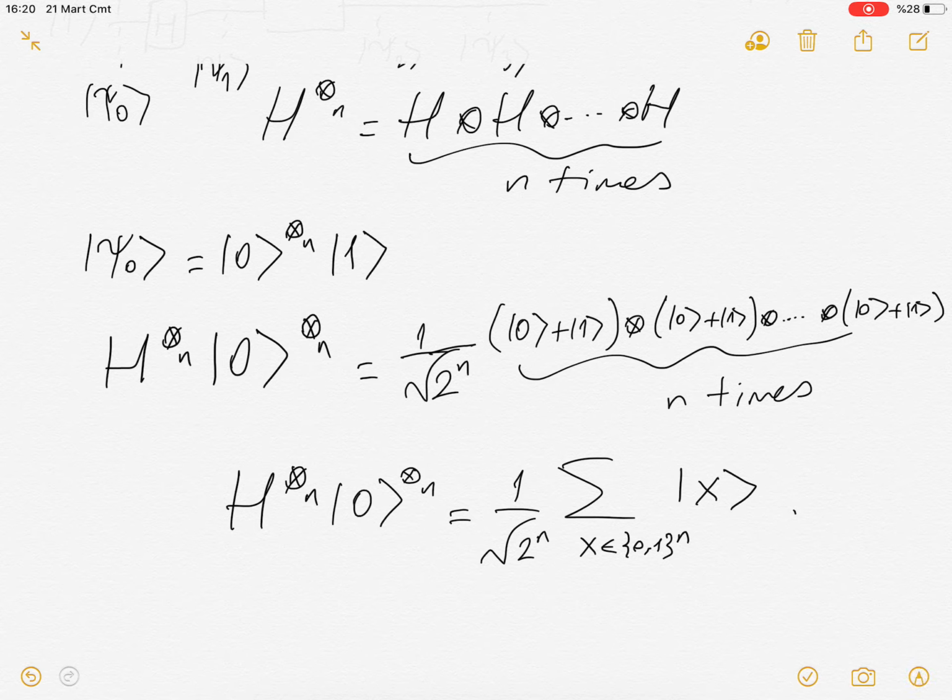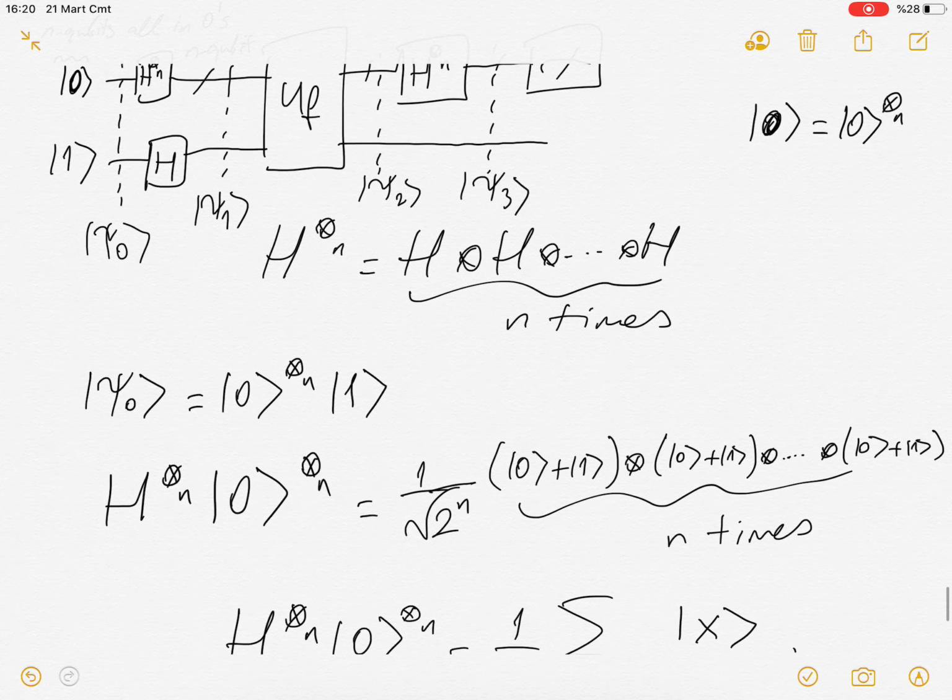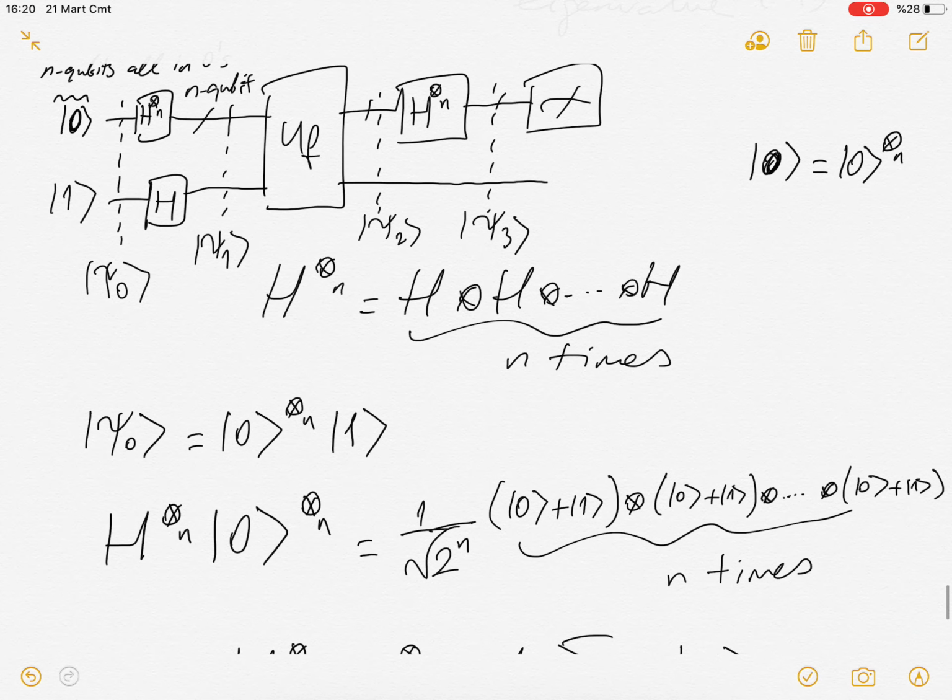So it's the summation of all n-bit strings with equal amplitudes. So that is the state immediately after the first Hadamard transformation, psi 1. Now we're at this stage.